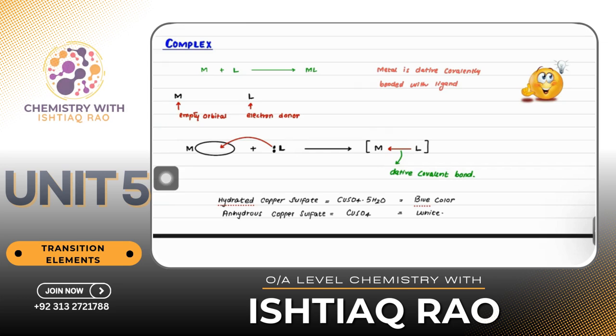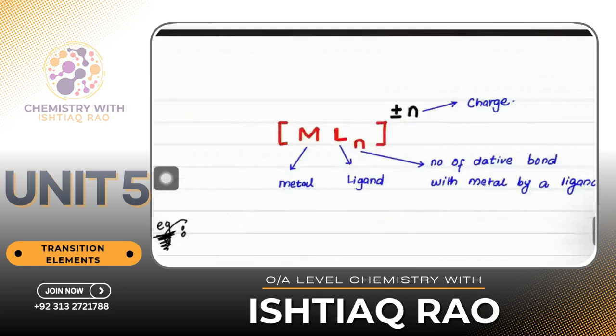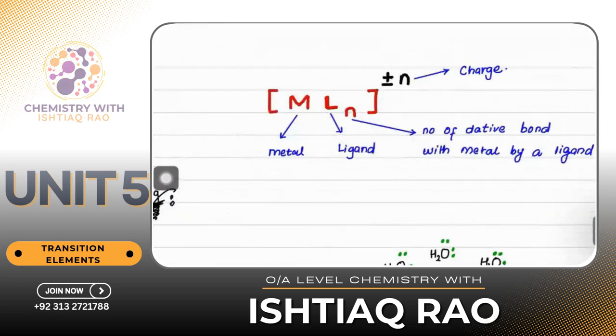So the representation of a complex compound is M and then L. Now we have to specify this: what type of metal is present, what type of ligand is present. So I told you the very general formula for the complex compound. And also we have to consider this as well. This is very important before starting complexes in detail. M means metal, L means ligand. I would be telling you the types of ligands as well.